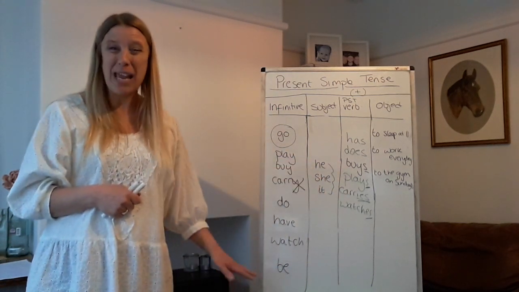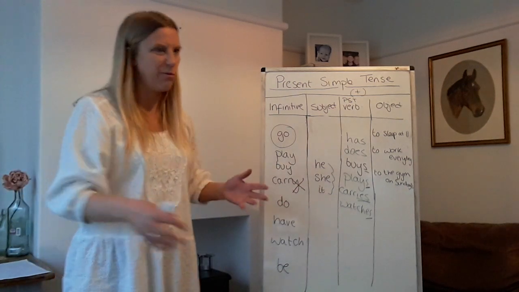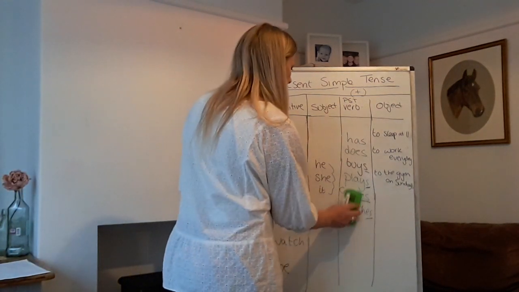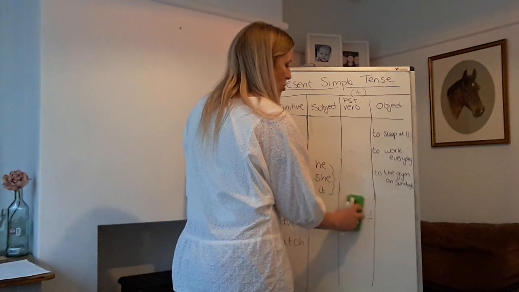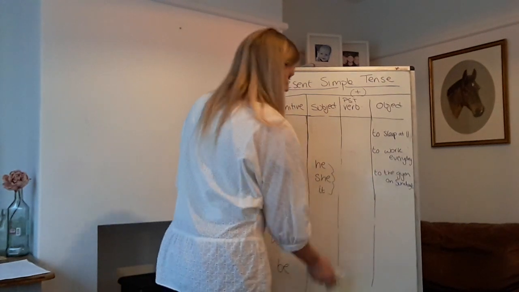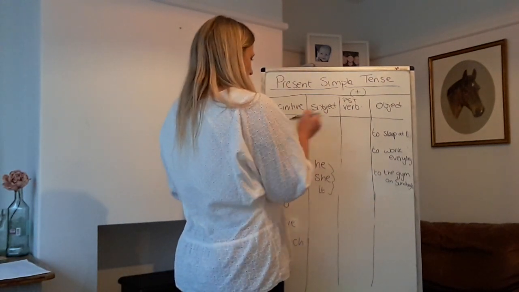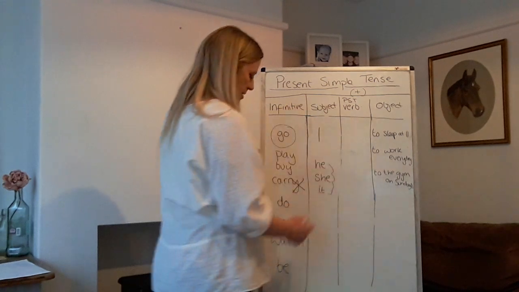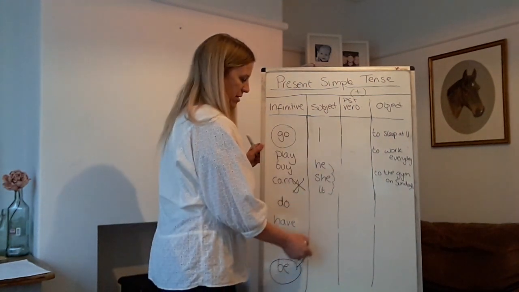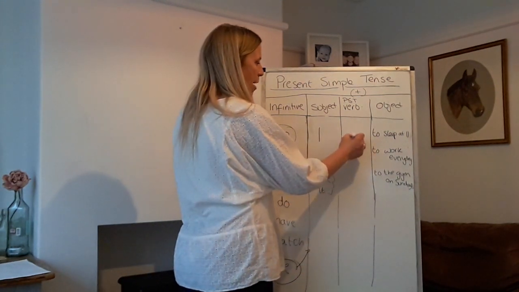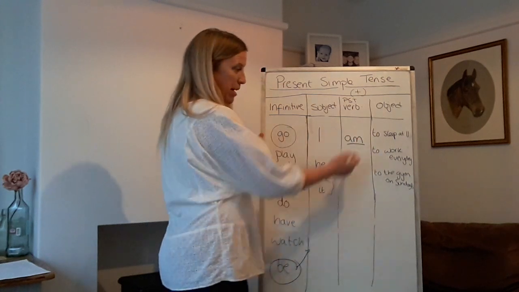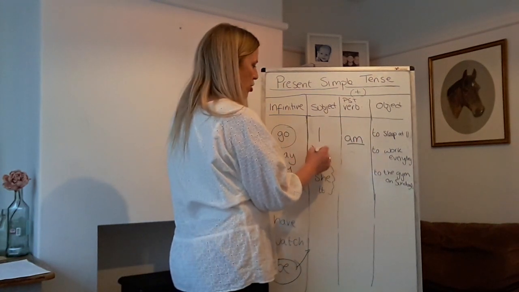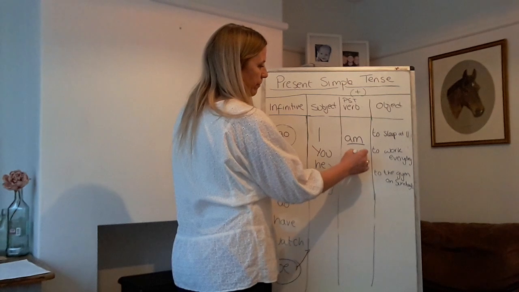Be, the verb be, that's our infinitive form, changes with everything. Because the verb be is very annoying. So, be. I am. Be becomes am with I. You are.